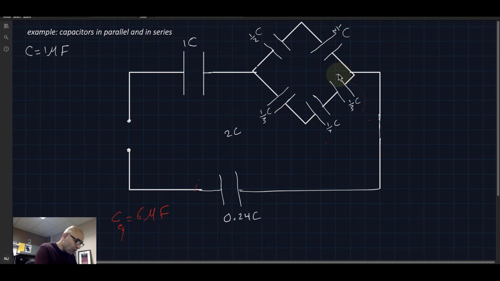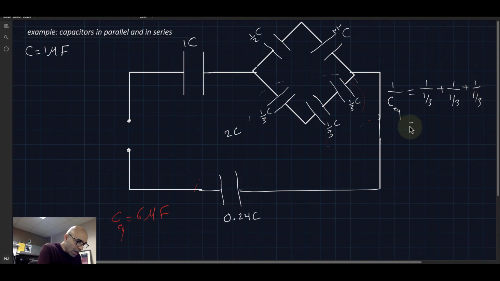Let's find the equivalent capacitor for all of these in series. So I'm going to say 1/C equivalent is equal to 1/(1/3) plus 1/(1/3) plus 1/(1/3).